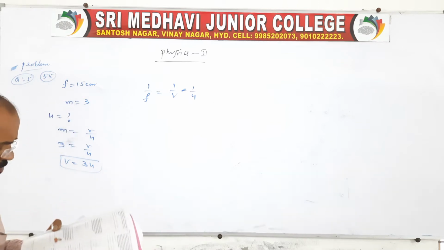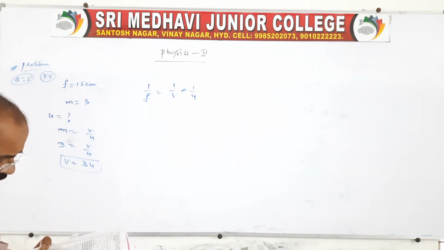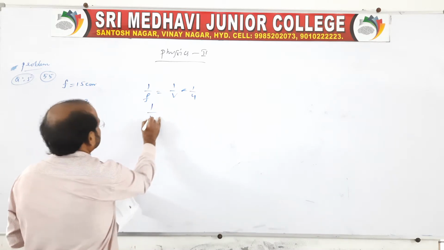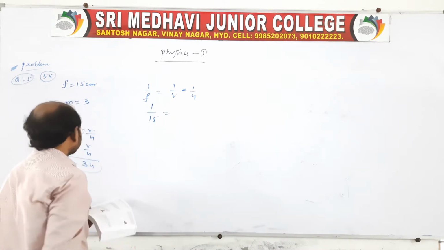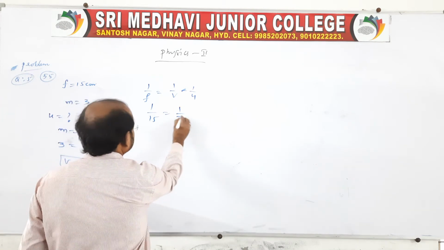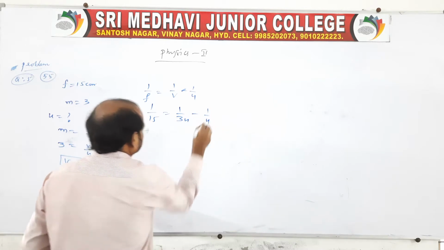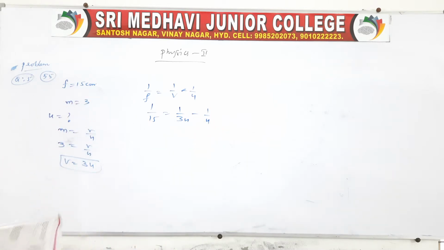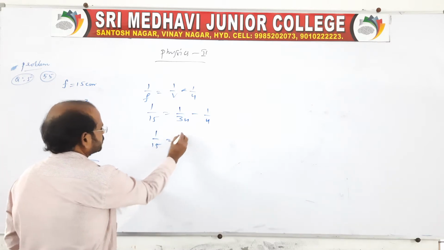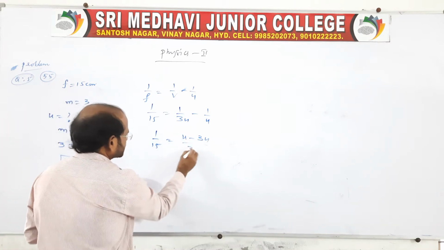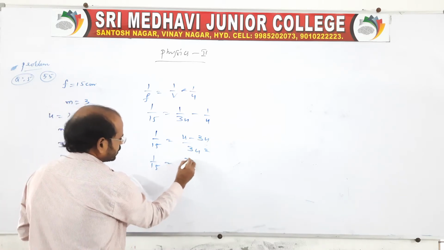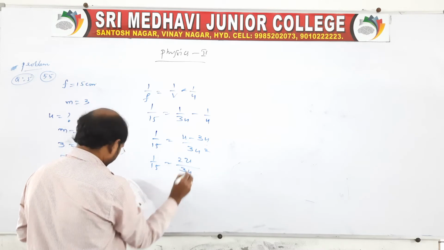Here the image distance is given, so 1 by f equals 1 by 3u minus 1 by u. Then we get 1 by 15 equals (u minus 3u) by 3u square, which is 1 by 15 equals minus 2u by 3u square.